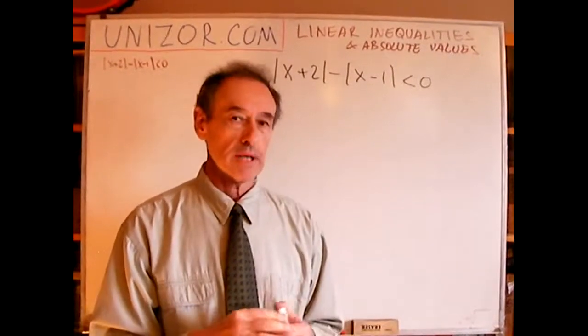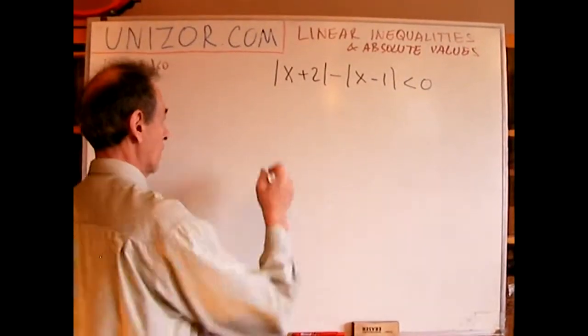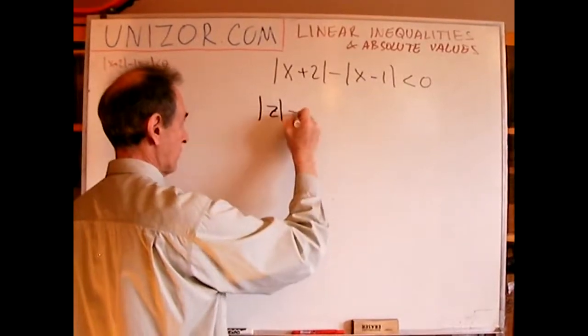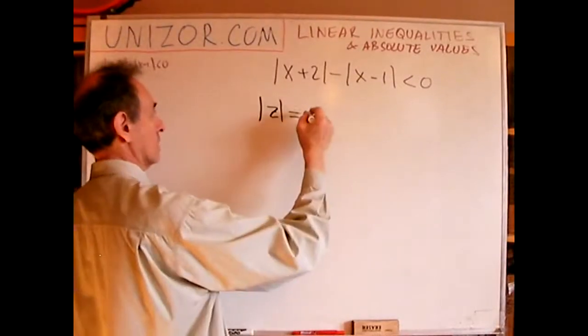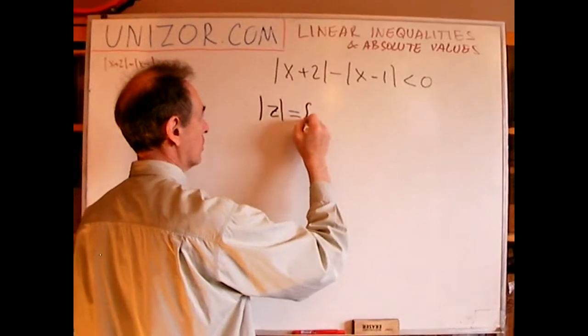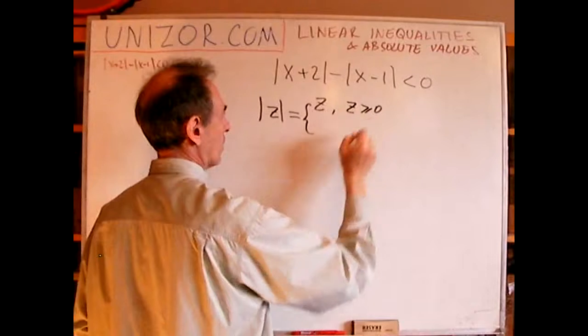Well, let's think about absolute value. What is an absolute value of a number? The absolute value of the number is, by definition, equal to z for z greater or equal to 0.